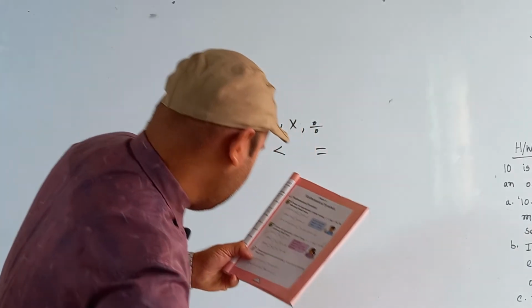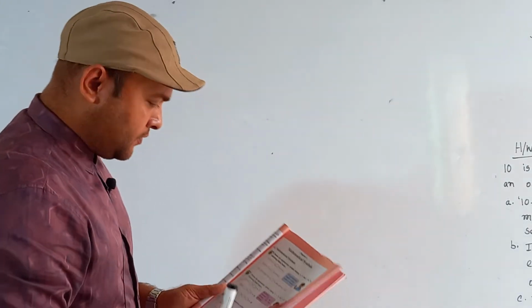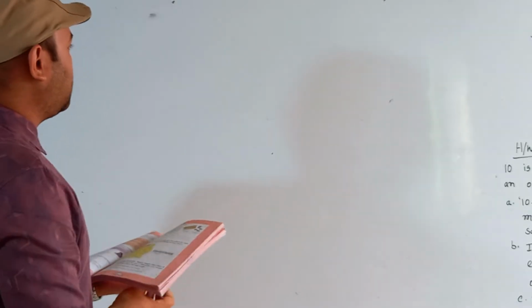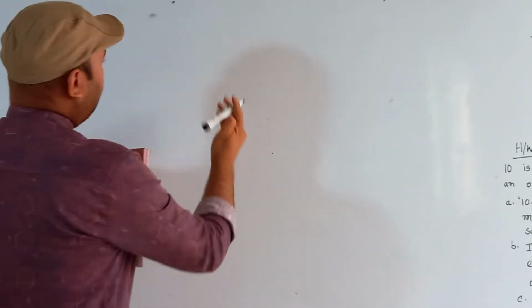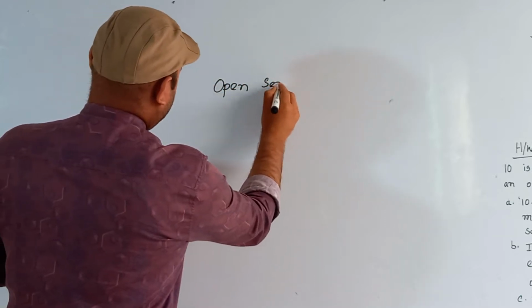In this chapter, we will use these symbols to determine any kind of value. Now, my dear students, go to page 22. At the top of page number 22, here is written open sentence.